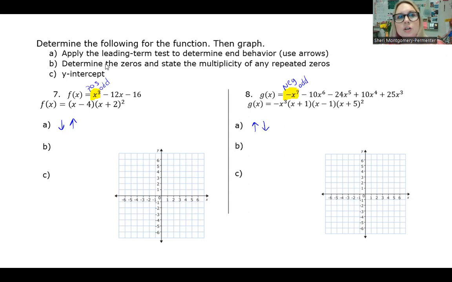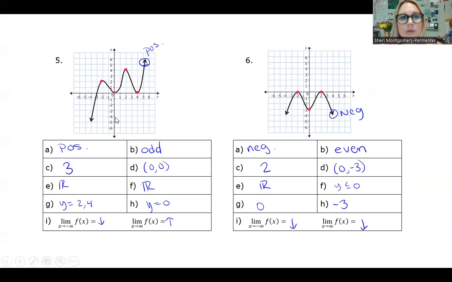Part B, determine the number of zeros and state the multiplicity if any of them are repeating. We're going to come back here and talk about repeated zeros because we're going to change this number. You can either go through the x-axis or bounce at the x-axis. Here I bounce and I bounce. Do y'all see there's a difference in the x-intercepts here and this one?